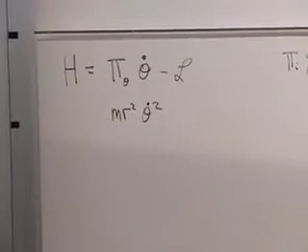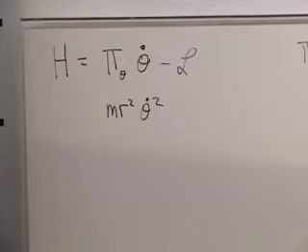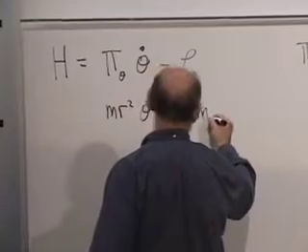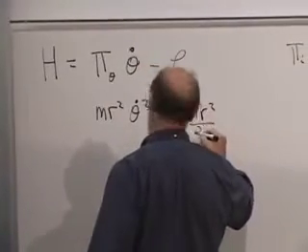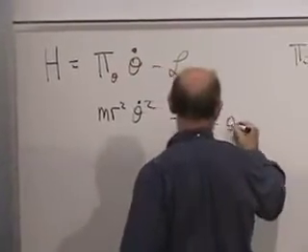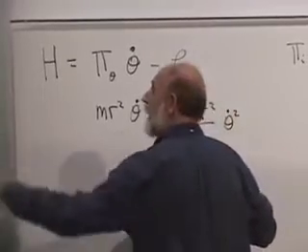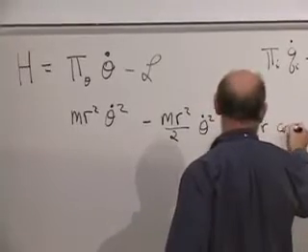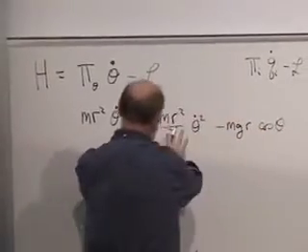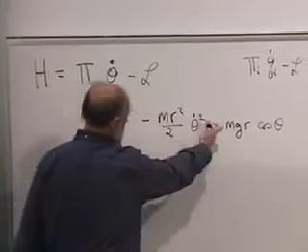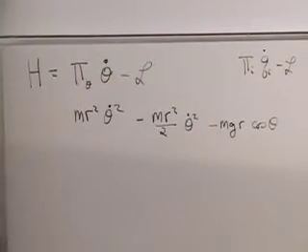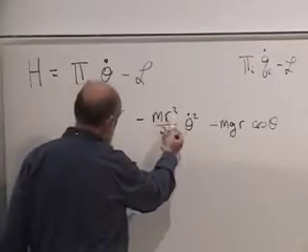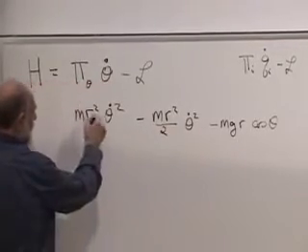That's pi theta dot. Minus the Lagrangian, so it's minus mr squared over 2 theta dot squared minus mgr cosine theta. These two things constitute minus L. Okay, so this is easy. mr squared theta dot squared, m over 2 r squared theta dot squared.